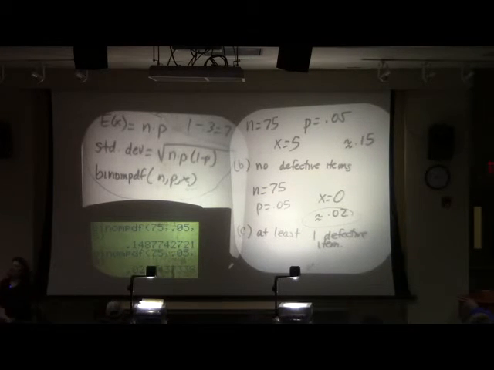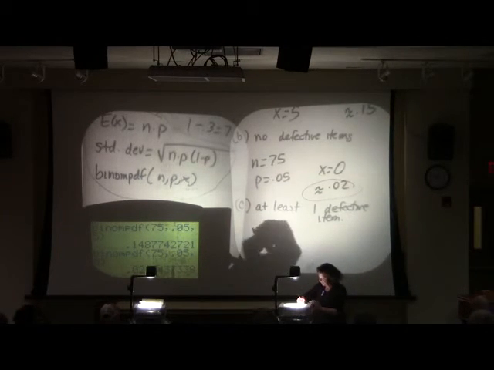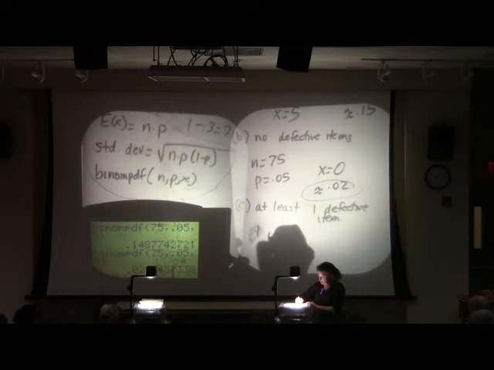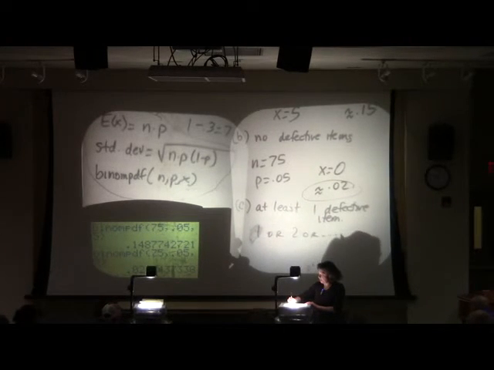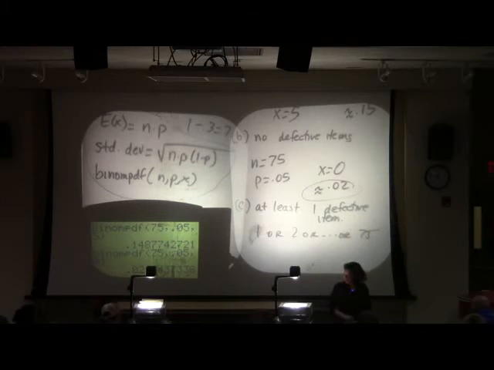Okay, what does at least one mean? 1 or 2 or 3 or 4, all the way up to 75. Hello, do you guys want to compute that?